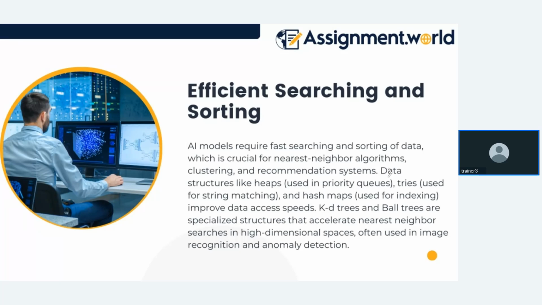These kinds of tree structures that accelerate nearest neighbor searches are often used in image recognition and anomaly detection. So in various AI algorithms we use image recognition and anomaly detection. We use those algorithms to recognize the images and detect anomalies. So they help a lot.